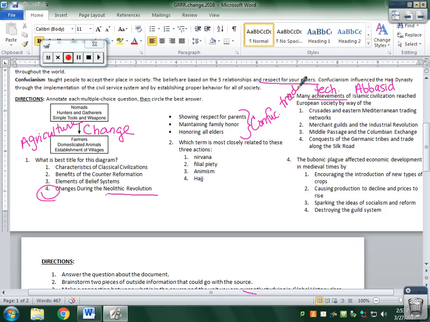So we're looking for something that would have motivated more trade. Crusades and Eastern Mediterranean trading networks, merchant guilds in the Industrial Revolution, Middle Passage in the Columbian Exchange, conquest of the Germanic tribes, and trade along the Silk Road. This you don't study until 10th grade.